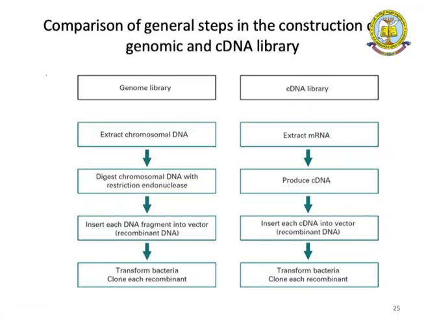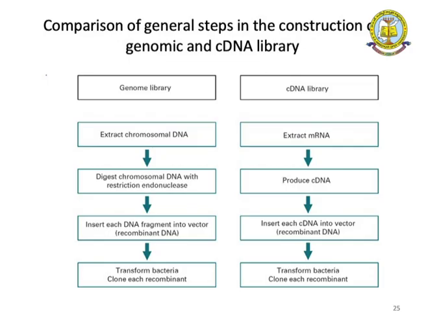This picture compares the general steps in the construction of a genomic DNA library and a cDNA library. In the genomic library, the first step is to extract the chromosomal DNA.